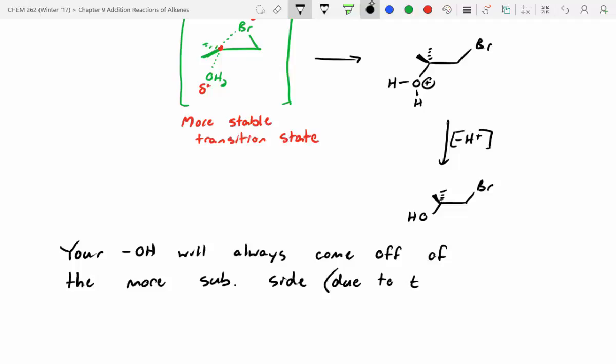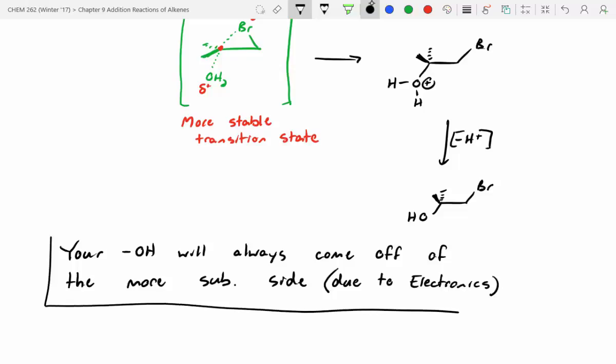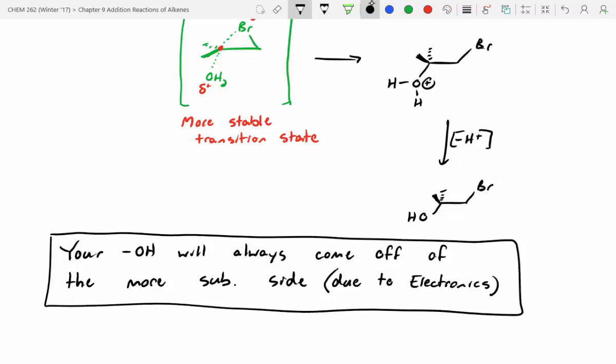Due to electronics. Meaning that transition state that we just saw is much more stable when it's coming off of the more substituted alkene. Does that make sense? It's still anti-addition, but we also have to consider which side the alcohol is coming off of. It's still going to be anti, though.